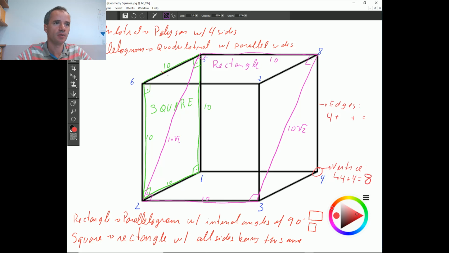Let's just put them. It's not going to kill anybody. 1, 2, 3, 4. We have another 4 at the bottom. 1, 2, 3, 4. And we have 4 laterals. 1, 2, 3, 4. Well, this is 12. Okay, 12 edges. And how many faces do we have?